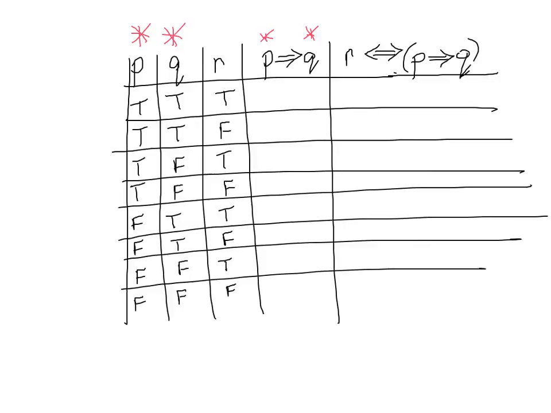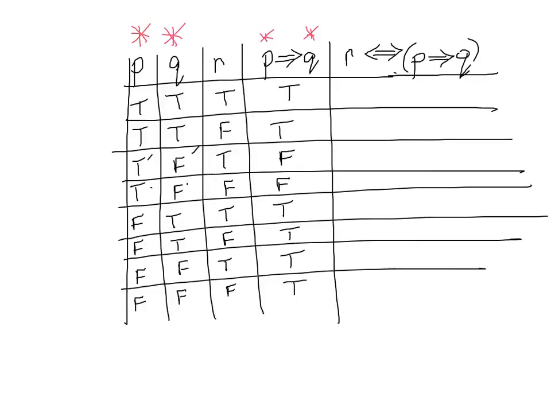Tuna fish. So they're all true except TF. So we can even fill in those first. That's false because we have T first and F second. Same reason, we have T first and F second. And there's nowhere else that has T first and F second. So everything else in this case would then be true. Everything is true unless you have T first and F second.